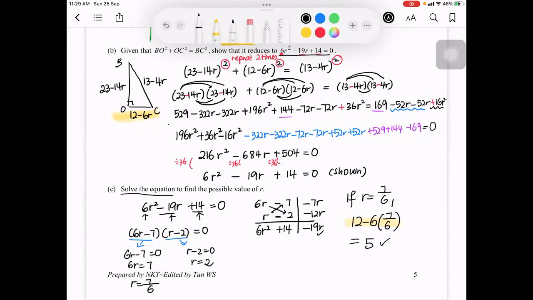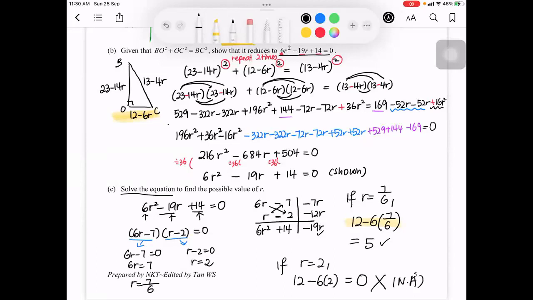But if I use R equals 2, this will be 12 minus 6 times 2, which gives me 0. Can the length of the triangle be 0? Cannot, right? So this one has to be rejected.